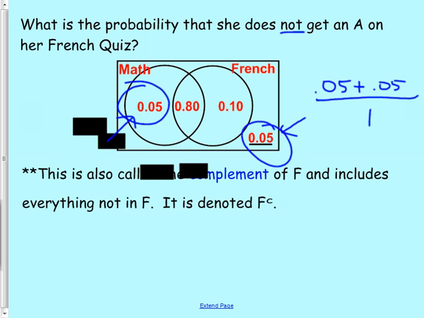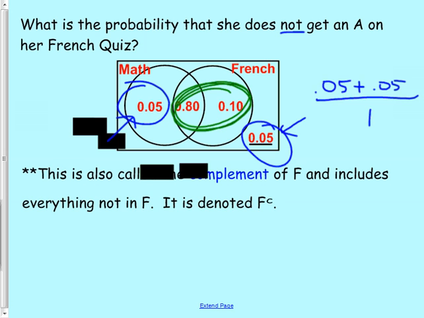What's possible has changed. If it's given I know she has an A on her French test, then only 2 things were possible. This and this. If that's the case, what's the probability she did not get her A on her French quiz? That's kind of a dumb question, but if I know she got an A, what's the probability she did not get an A? 0. Okay?